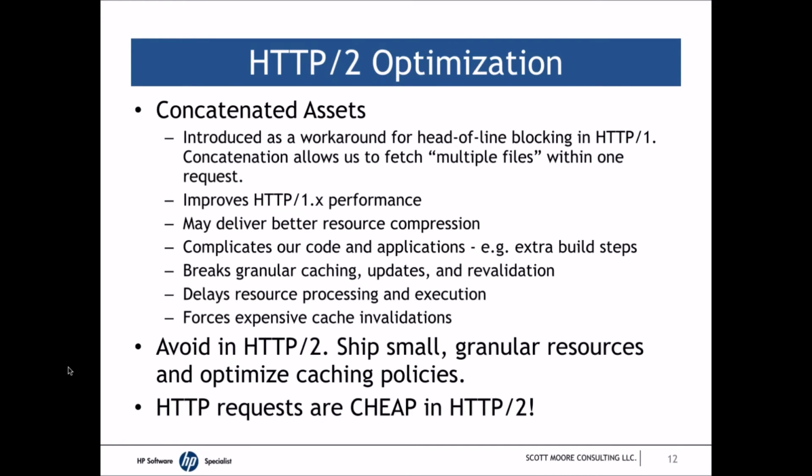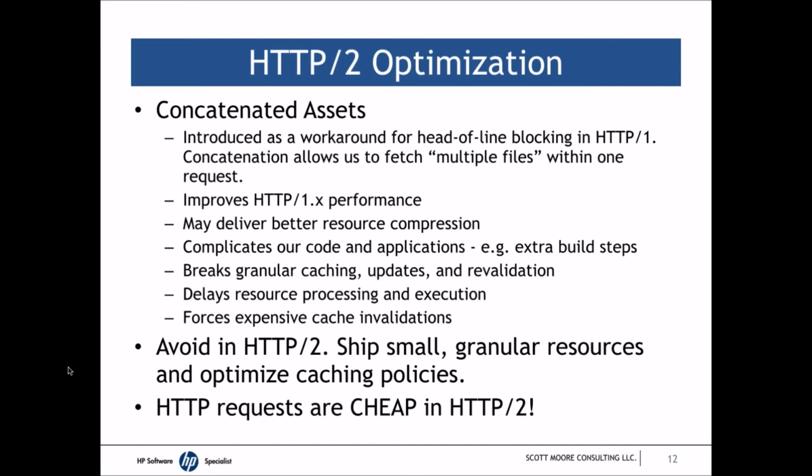Again, concatenated assets. Usually you have these small JavaScript files and there's an extra step in the build right before you produce that release where all of those get smushed together as one larger file so you don't have 15 to 25 different small text files being moved across. That idea kind of goes away, and it makes your build process simpler as well.